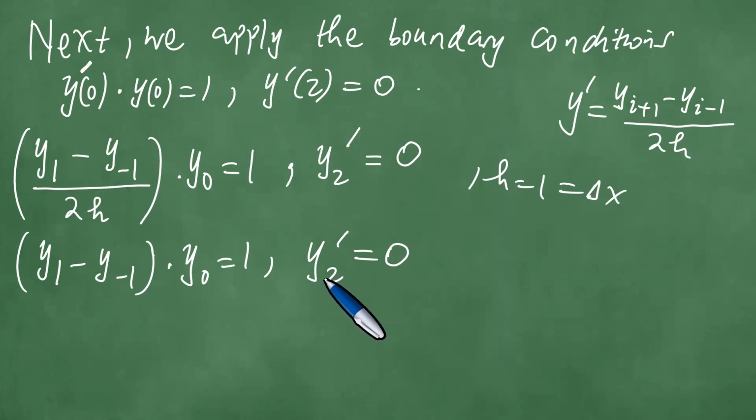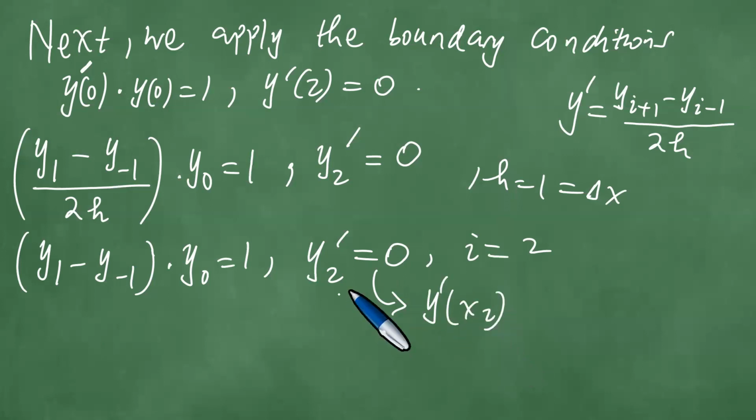But here at 2, i is 2, because this one computes the y primed at x2, which is 2, and which is 0.